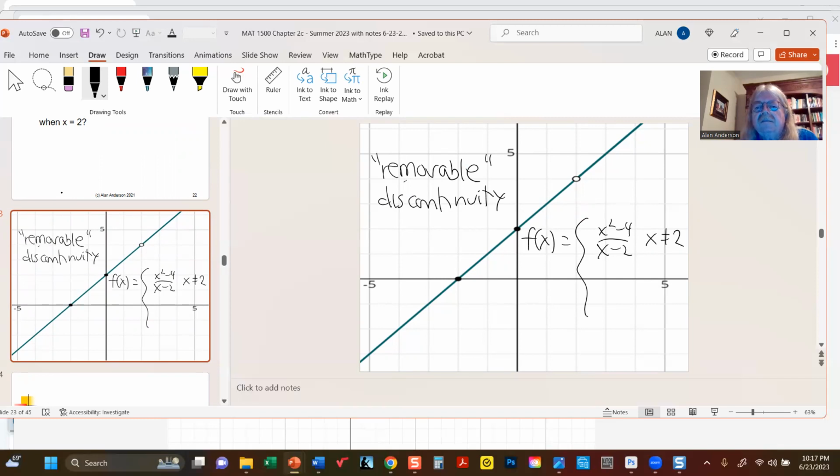Just say, well, it's x squared minus 4 over x minus 2 everywhere except where x equals 2. And then you could basically provide this value. And lo and behold, you have yourself a continuous function. So, in other words, it says removable. You can have a discontinuity that can be fixed.